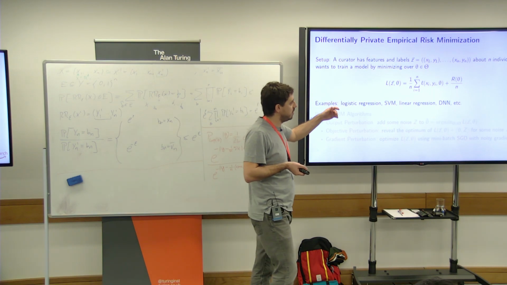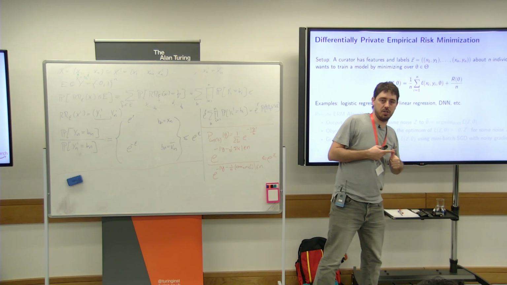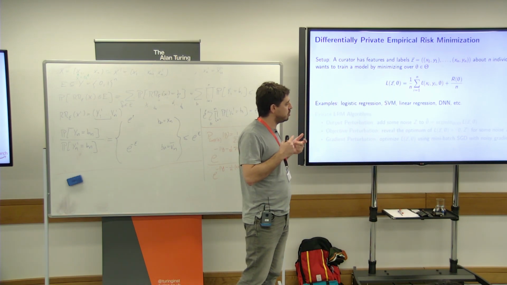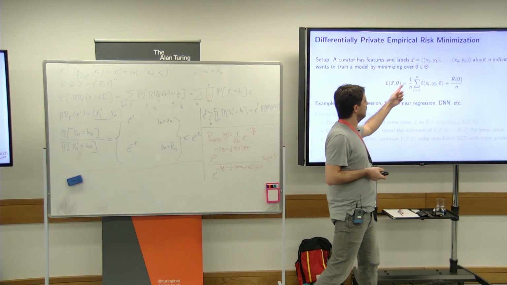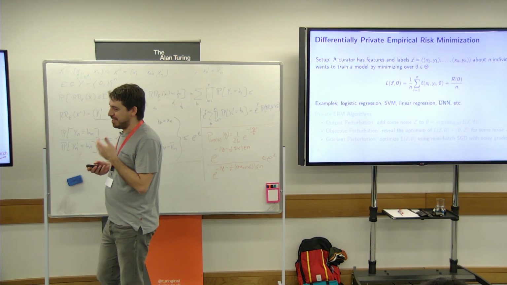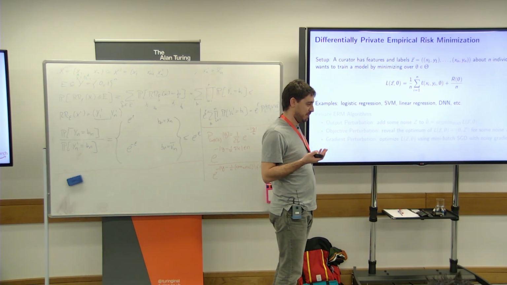Following the previous example, X could say this person is this age, lives in some place, went to this high school, and the label might be whether they like Justin Bieber or not. Everybody wants a machine learning model to predict whether individuals like Justin Bieber, it's obvious.